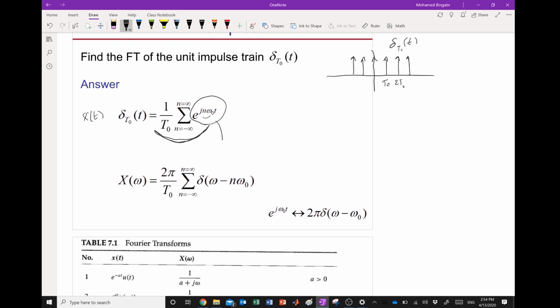So the Fourier transform of this will be this one times the 2 pi. 1 over T0 is constant, and the summation will be here. And if you plot this, X of omega, then you will have a train of impulses every omega 0, 2 omega 0, and so forth. And the amplitude is 2 pi over T0.